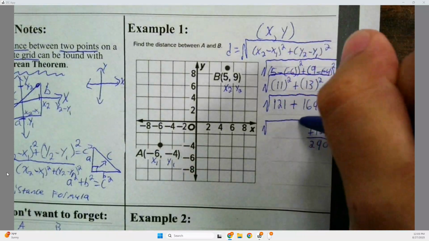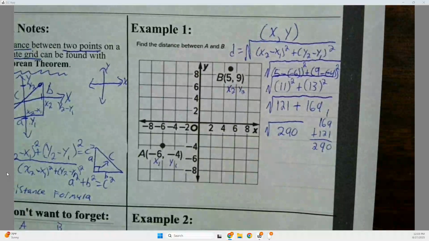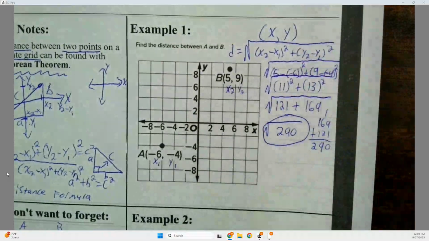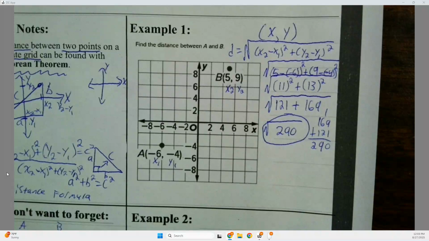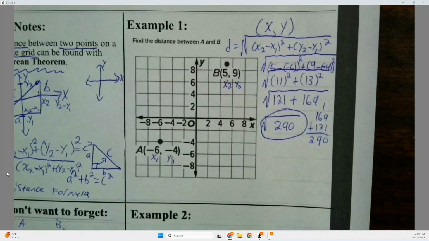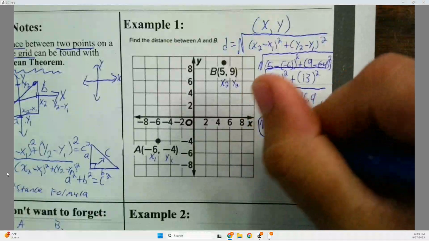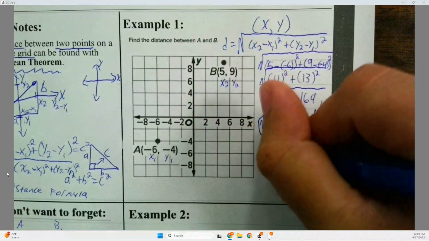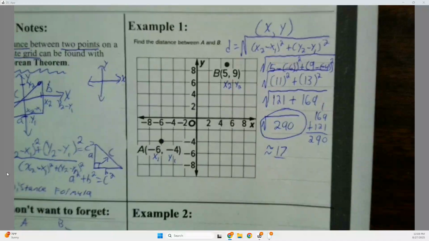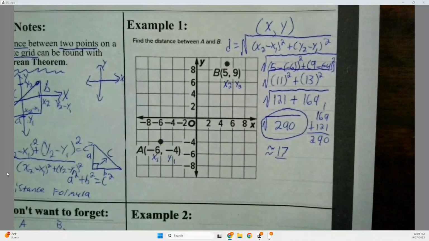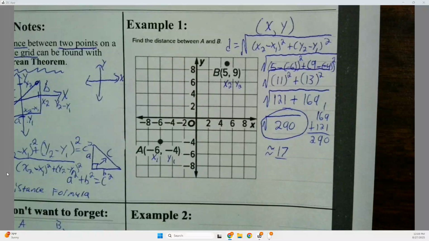So I should have the square root of 290, and I can leave this as my answer, because that is just a number, it's just within a square root. If I'm looking for the precise exact answer, it's about 17. And you can use a calculator to verify that, but that's the process we do.